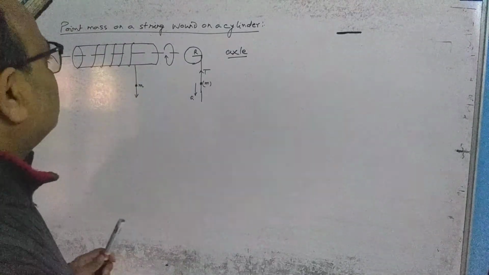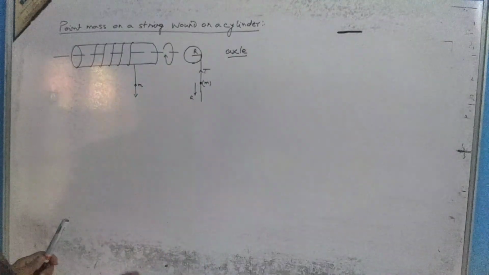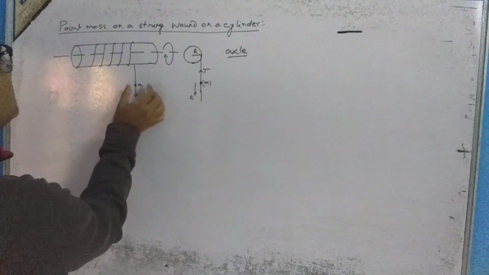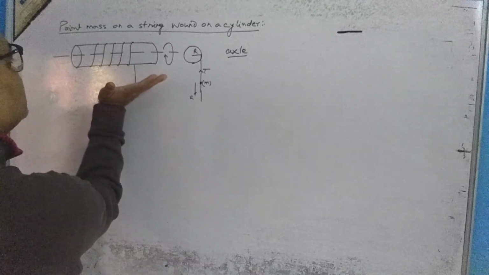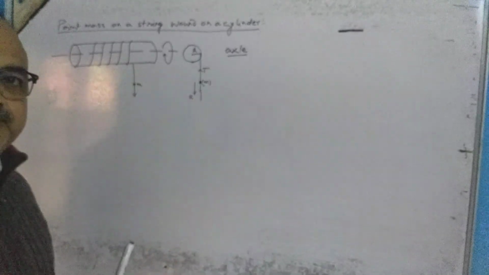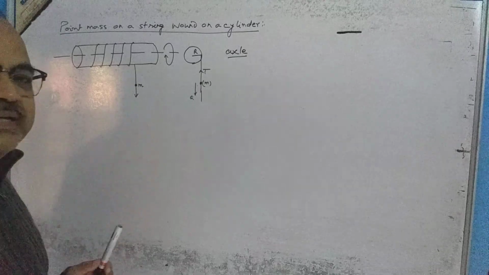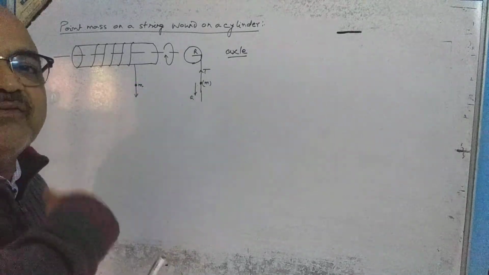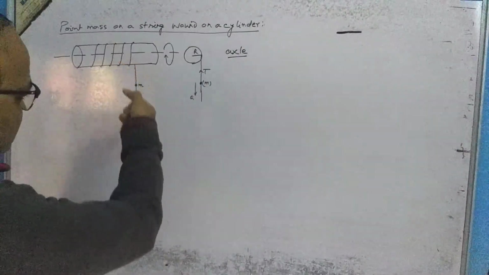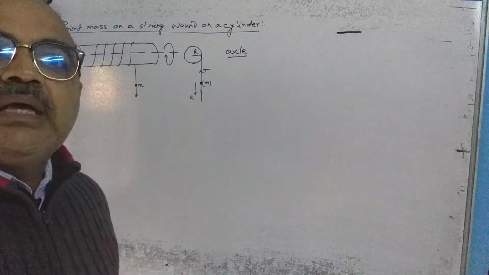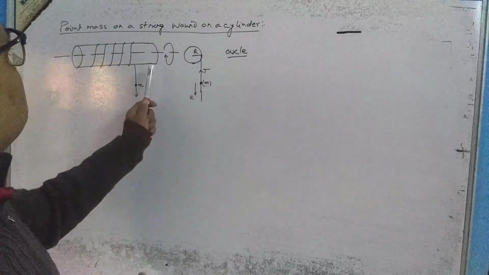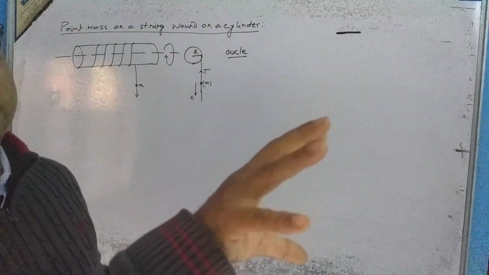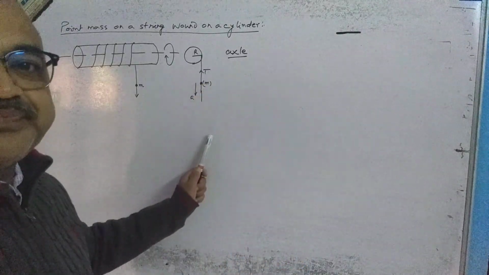Just try to understand, this point mass is just held in its position. When this point mass is released, then what will happen? The string will unwind and the point mass will move downward. If you see the cross-sectional view of the cylinder, it will be like this.